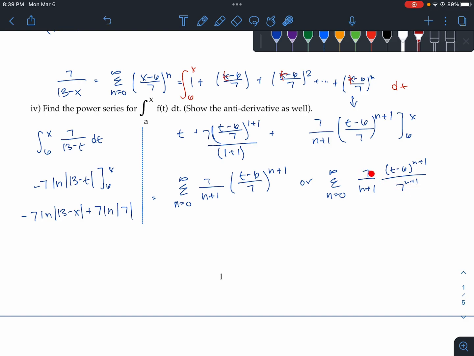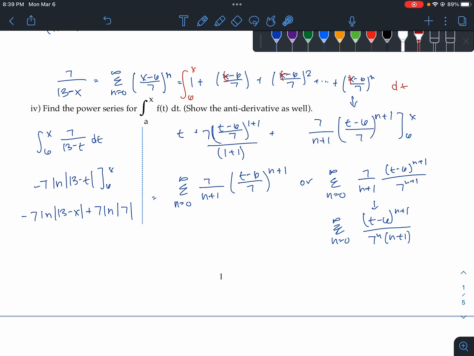And here it would simplify to just be 7 to the n in the denominator. So the series from n equals 0, you would have t minus 6 to the n plus 1 all over 7 to the n times n plus 1. So these are some different ways that some might have done it depending on how you simplified this part right here.